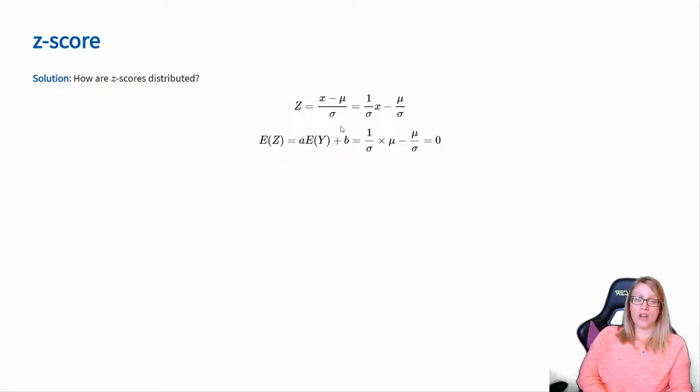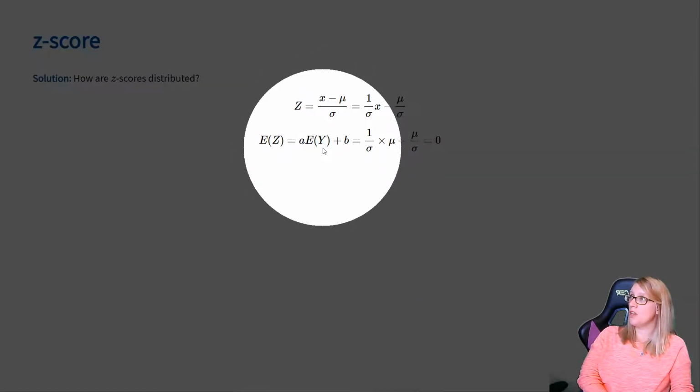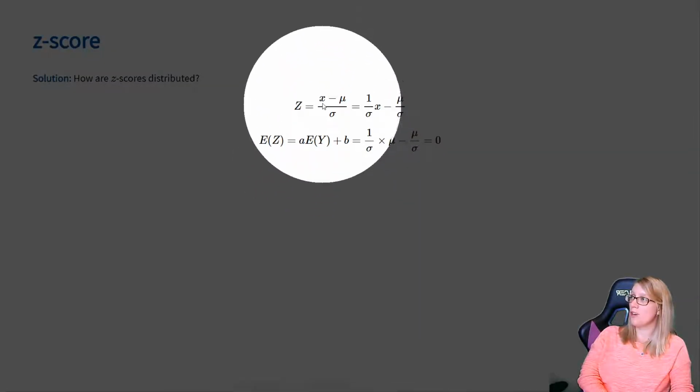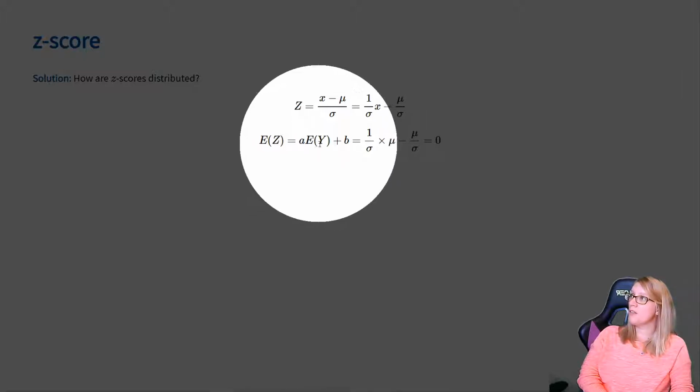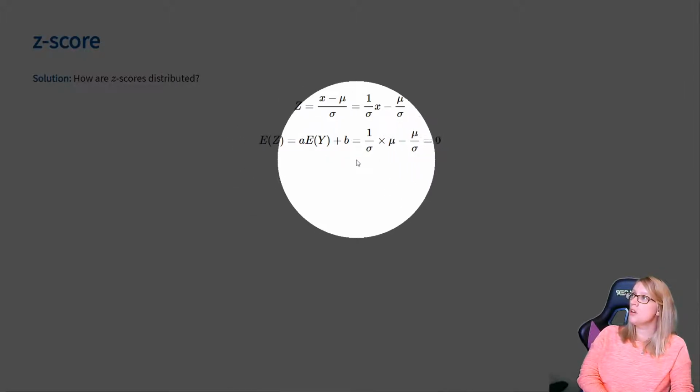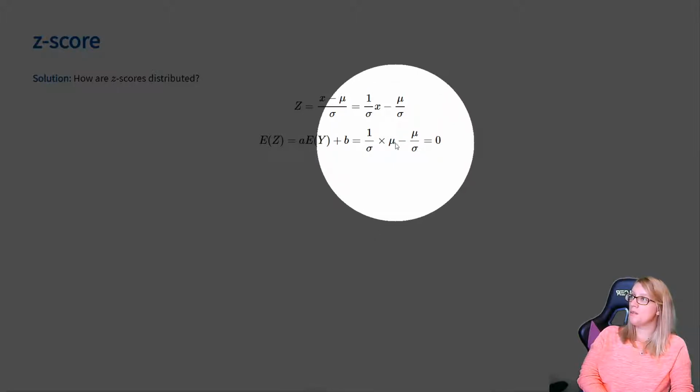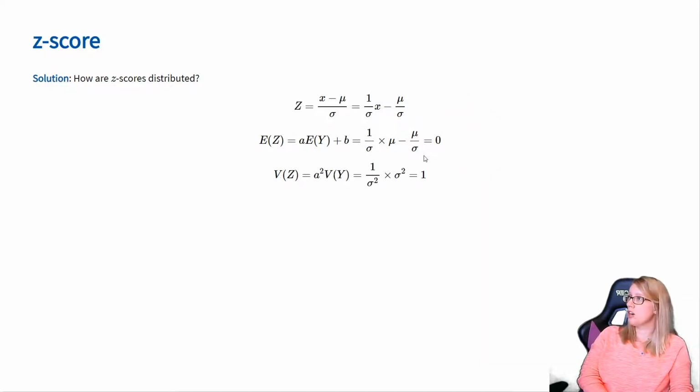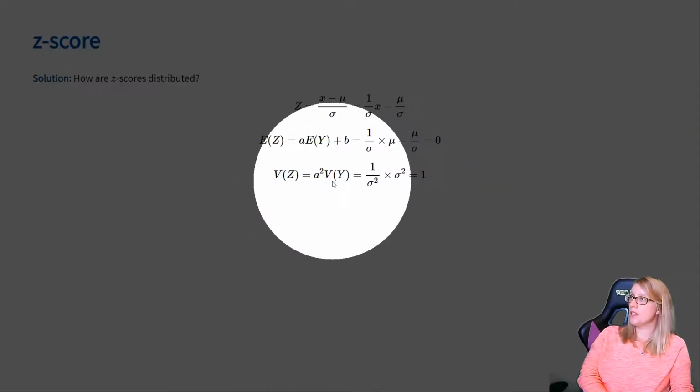We get 0 for the expected value of a z-score because the expected value of y, again this x should be a y, for the distribution is mu. We get 1 over sigma times mu minus mu over sigma, or 0. Our variance becomes the constant a squared times the variance.